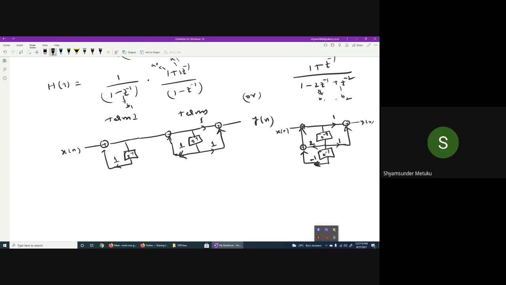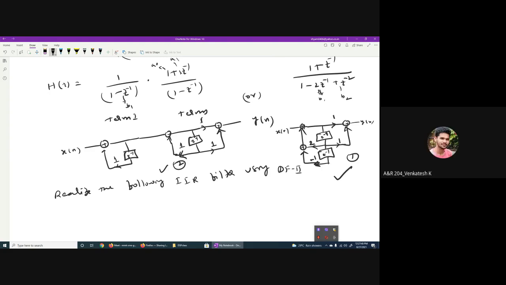Okay. So in the examination you will get two possibilities. Realize the following IIR filter using direct form 2. So which one do you do? This one or this one? First one or second one?